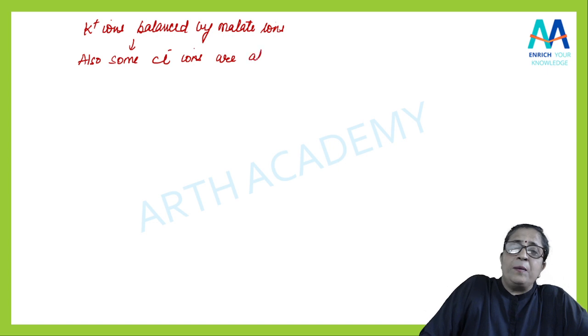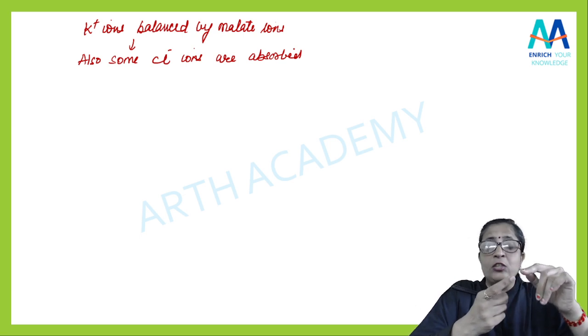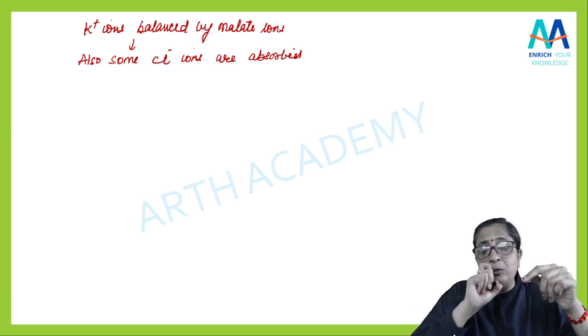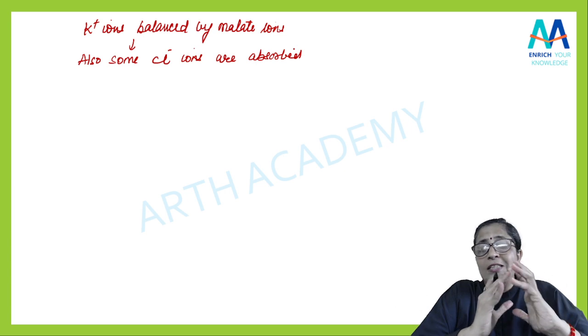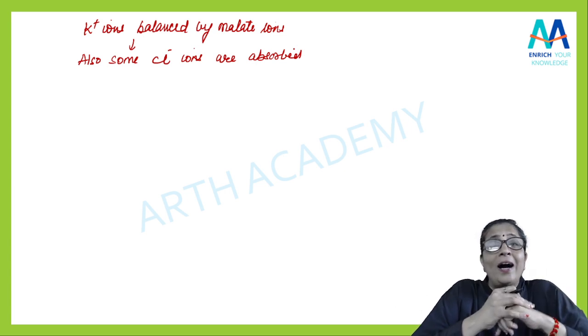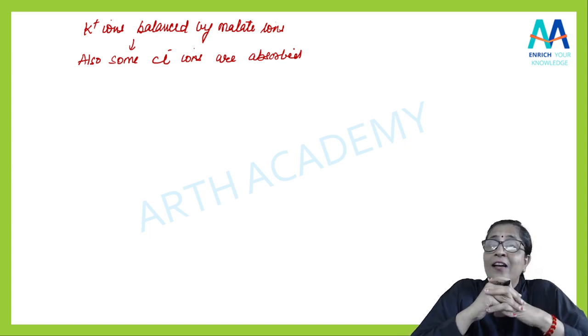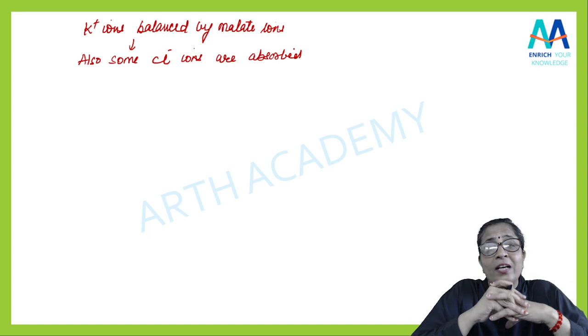अब उसका मतलब अंदर क्या हो गया, अभी गार्ड सेल के अंदर आप देखो कितने सारे आयंस है. पोटेशियम आयंस है, पॉजिटिव चार्ज, क्लोराइड आयंस जो कि नेगेटिव चार्ज, मैलेट आयंस, ये ना इतने सारे आयंस बन गए. That means what is happening, the ions, the solutes are increasing और इसके कारण ऑस्मोटिक प्रेशर क्या हो जाएगा.